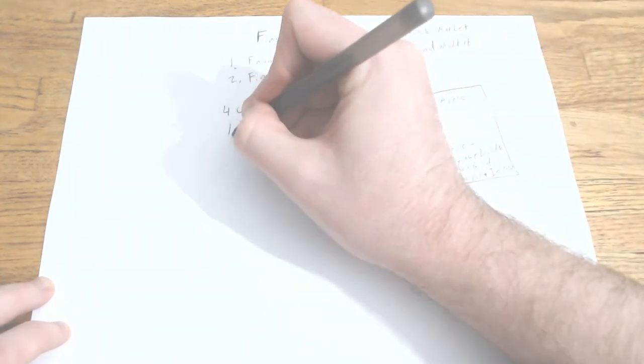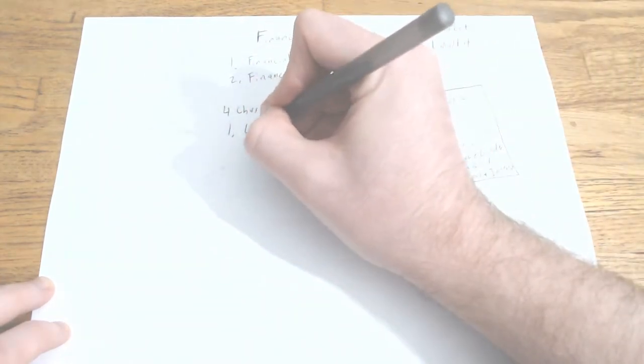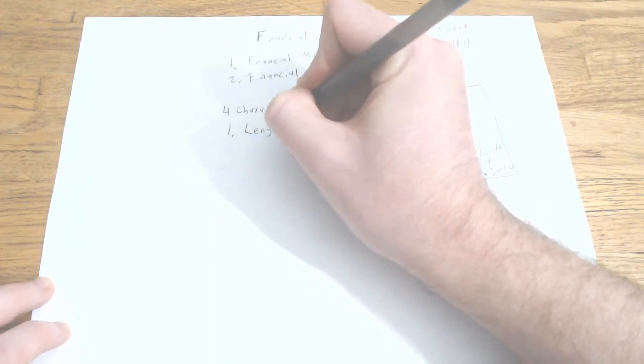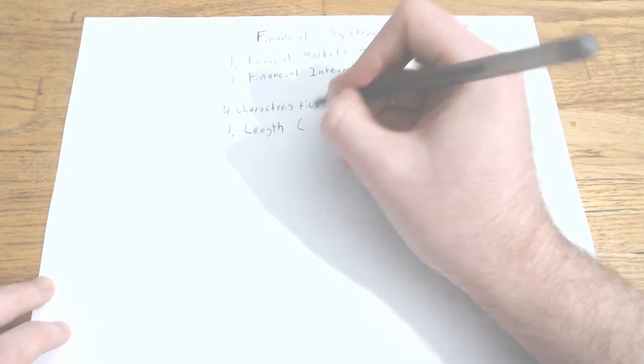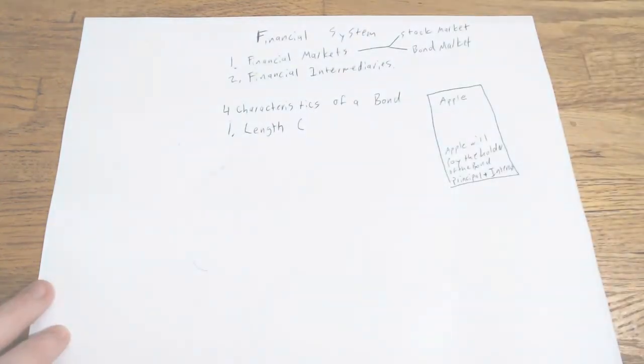The first is the length of the bond. Or some might say this is the maturity date or date of maturity.